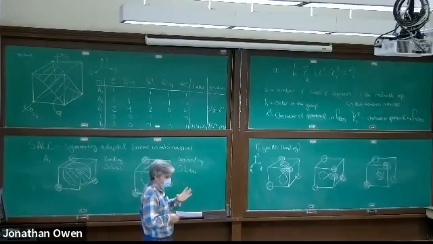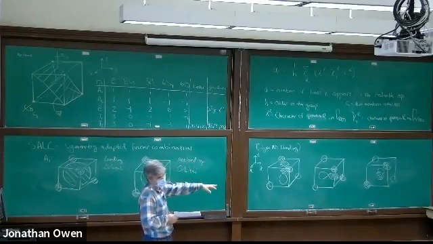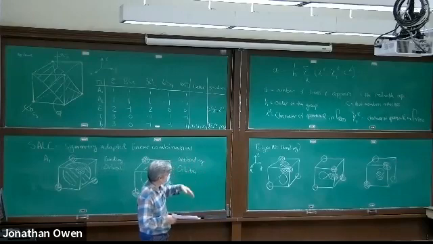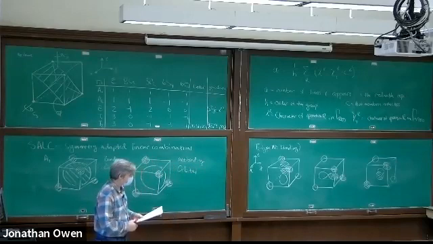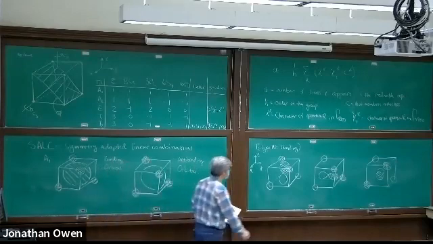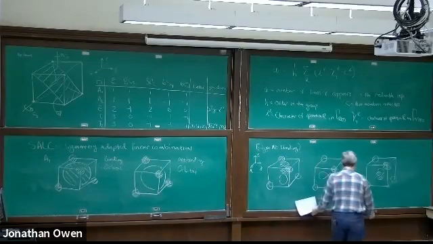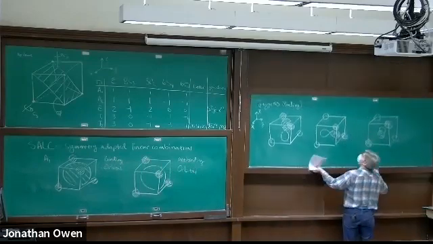If they don't share the same symmetry, it's non-bonding. If they share the same symmetry, it could be bonding or it could be anti-bonding. Okay, so to get an MO, you have to have the same symmetry.